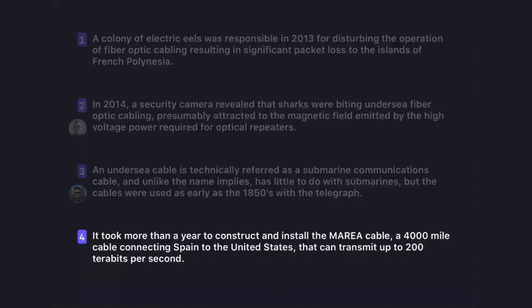And it was the highest capacity cable. They didn't know it would be able to support 200 terabits per second. It was around 160 originally. But once they tested it, they were pleasantly surprised that newer algorithms that have since been developed worked perfectly for getting the most out of that. So that one is true.